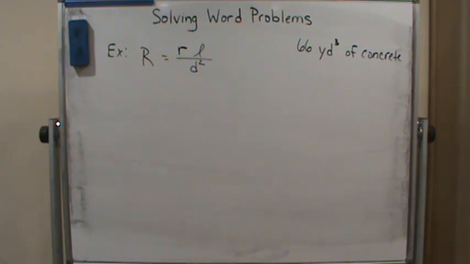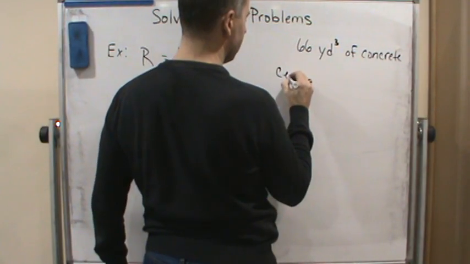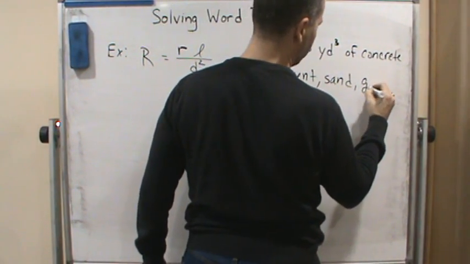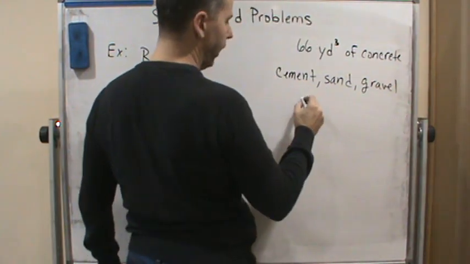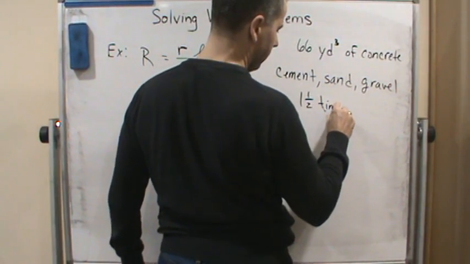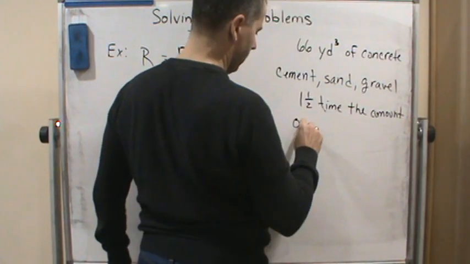Okay, so the amount of cement, sand, and gravel should be what? 1/2 times the amount of what?